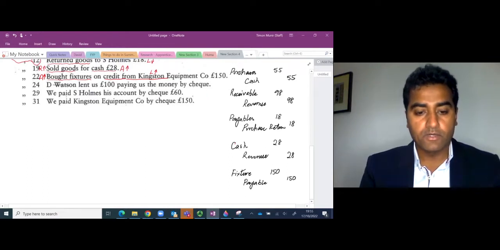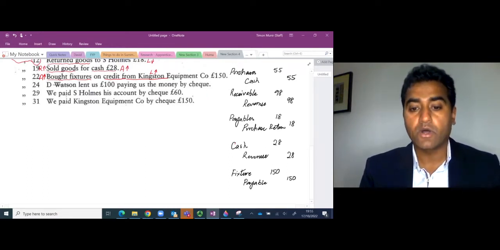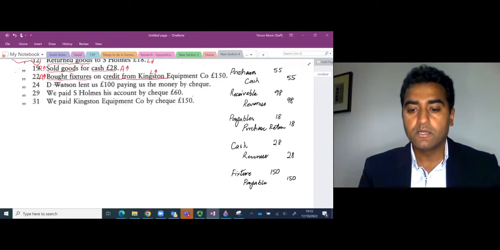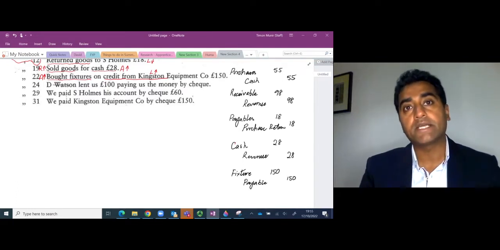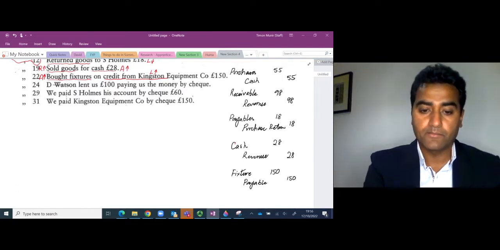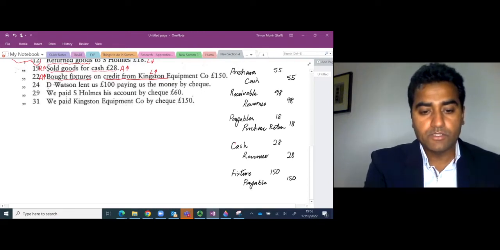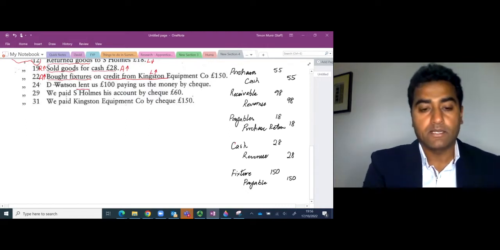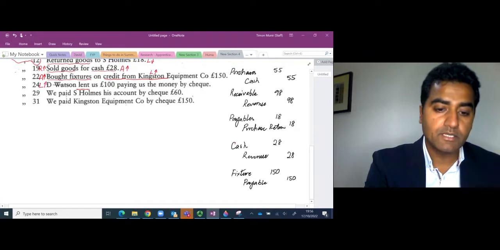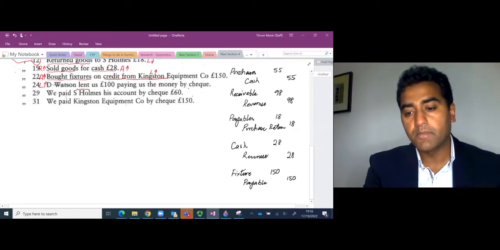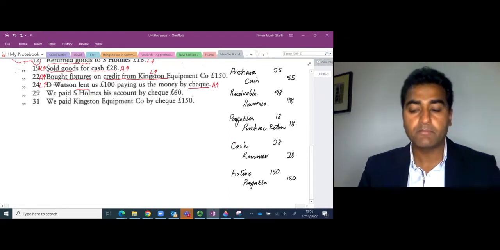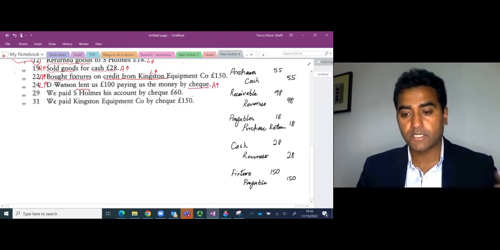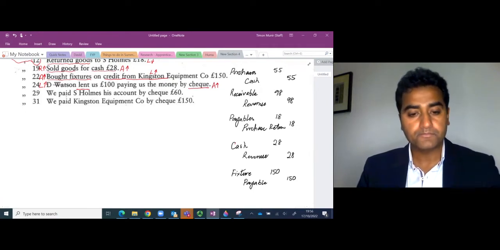On 28th of August, D. Watson lent us £100, paying us the money by check. So we are taking a loan from D. Watson. Loan is a liability which is increasing. On the other hand, money in my bank account is an asset which is increasing. Remember, check means bank because check is cleared through the bank.